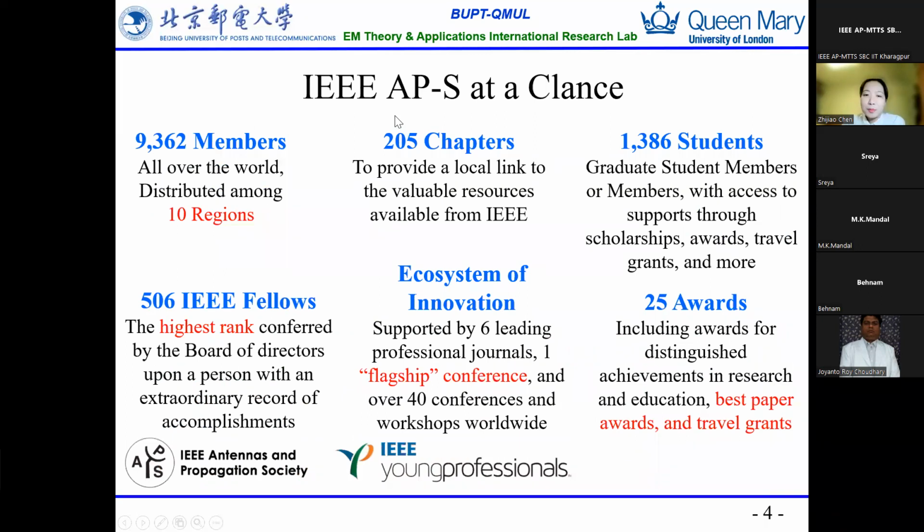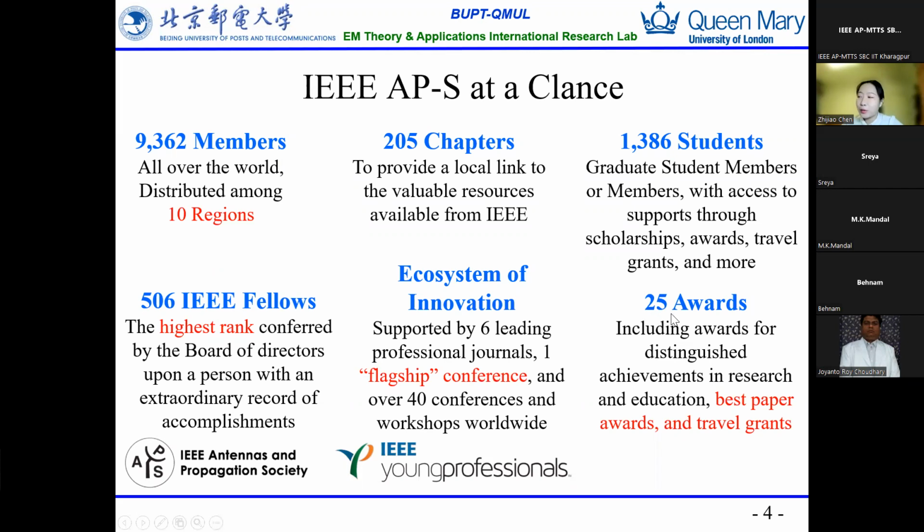And here is IEEE APS at a glance. We have more than 9,000 members, and over 200 chapters, including the Kharagpur chapter, over 1,000 students, and 500 IEEE Fellows. Also an ecosystem of innovation supported by 6 leading professional journals such as IEEE TAP and IEEE AWPL, and one flagship conference, which is IEEE AP-S.